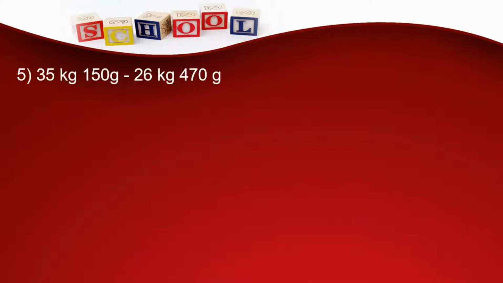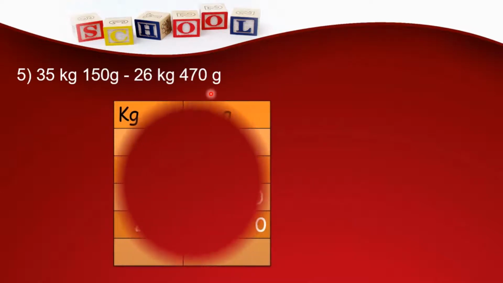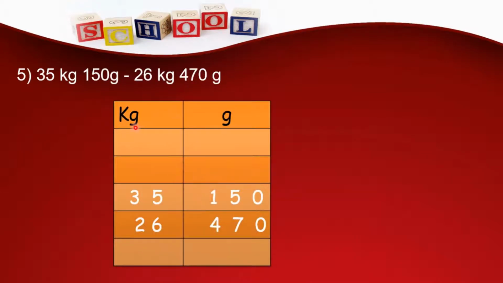Let's do one more subtraction problem. Here we have 35 kg 150 grams minus 26 kilograms 470 grams. So first let us arrange these given numbers in the proper column.